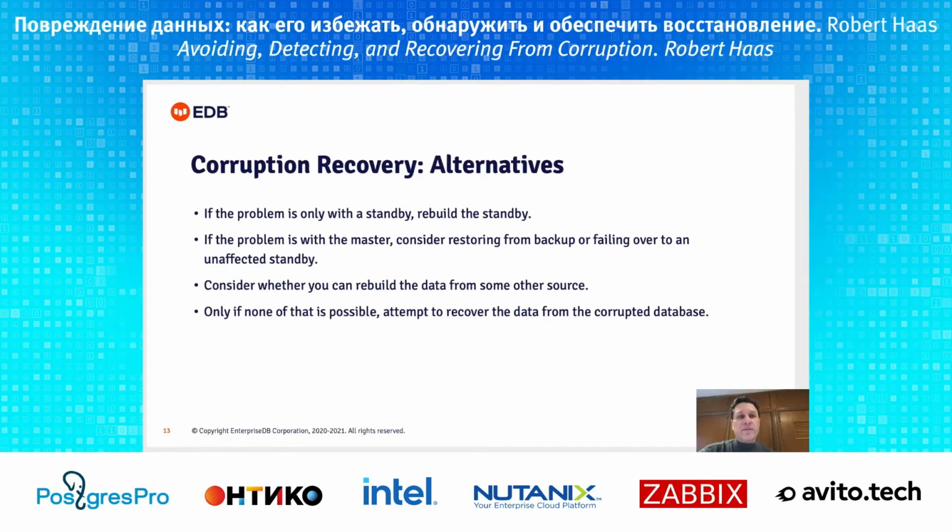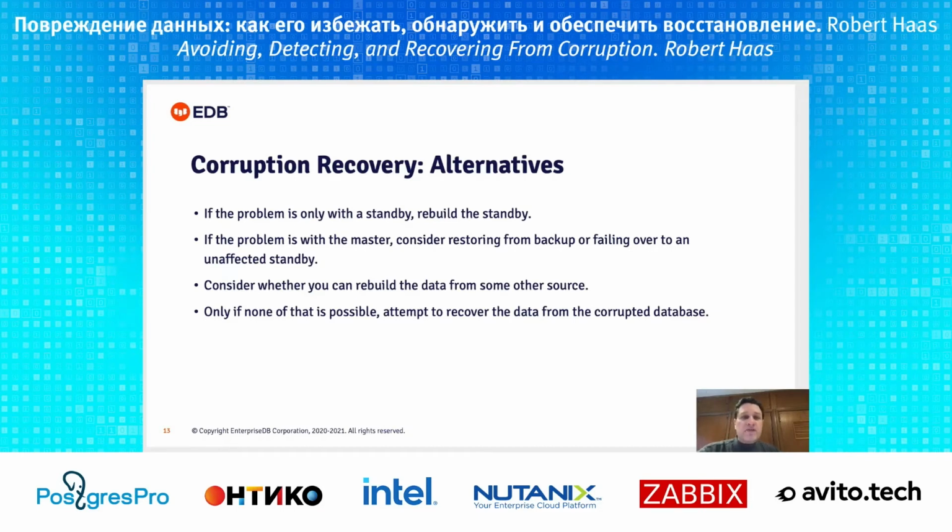Or if the problem is only with the master and you have a standby that is unaffected, then maybe you want to fail over to that standby. Or maybe you can restore the master from backup. Another option that's viable for some people is to rebuild the data from some other source.